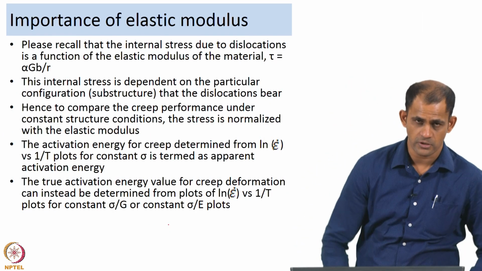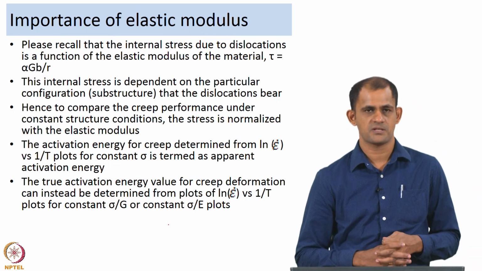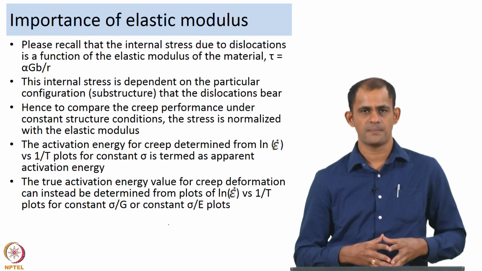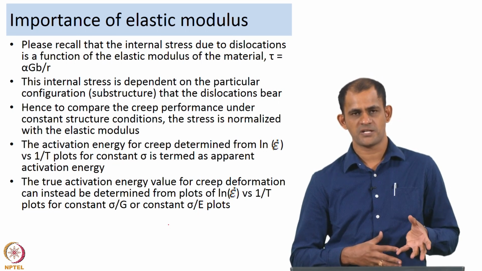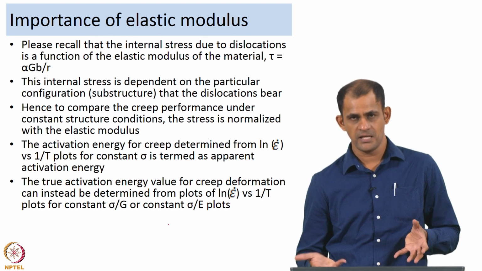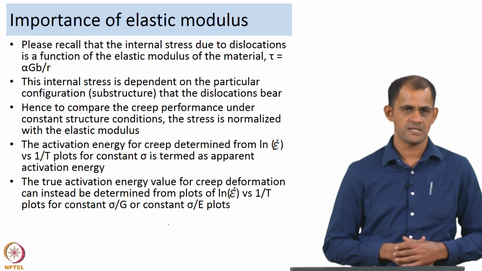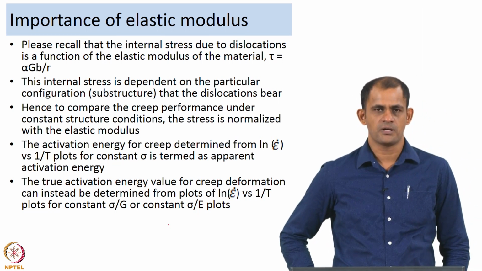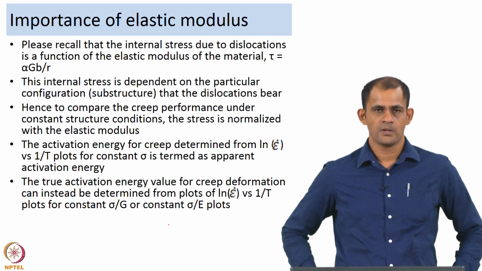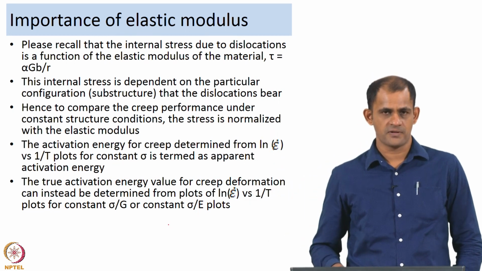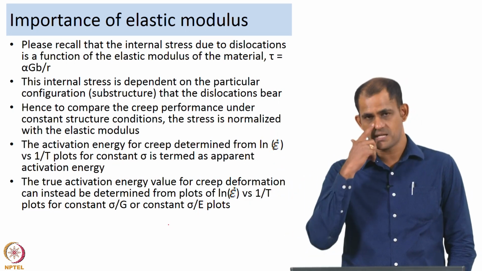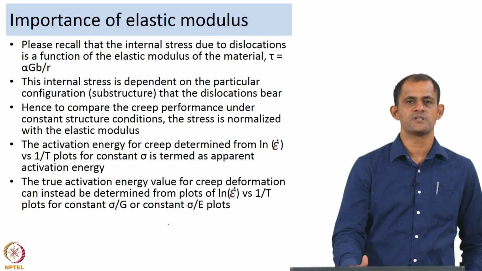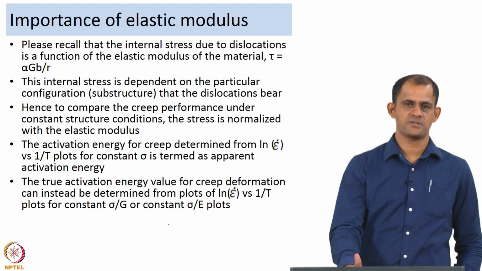We are talking about the normalization of stress with shear modulus or the elastic modulus, either case is fine. You can plot normalized strain rate against sigma by E or sigma by G, and it will still be the same. The normalization with E or G is important because, if you recall, in one of the first few portions on the importance of stress and temperature, we said that the internal stress generated due to dislocations is a function of the elastic modulus of the material.